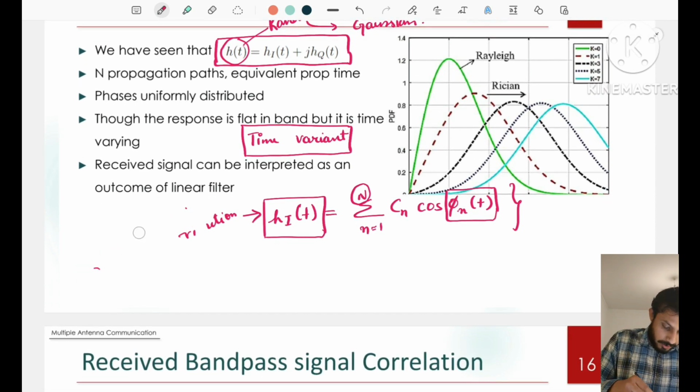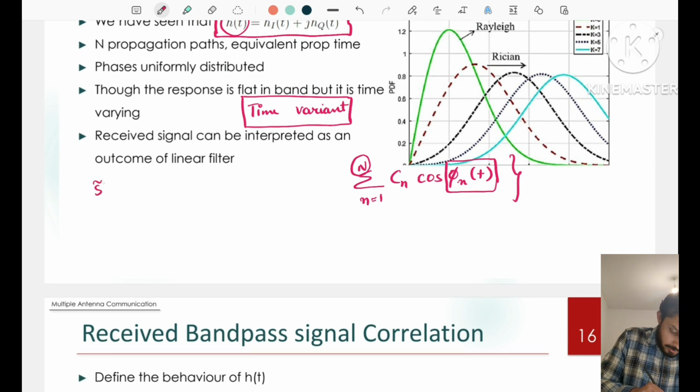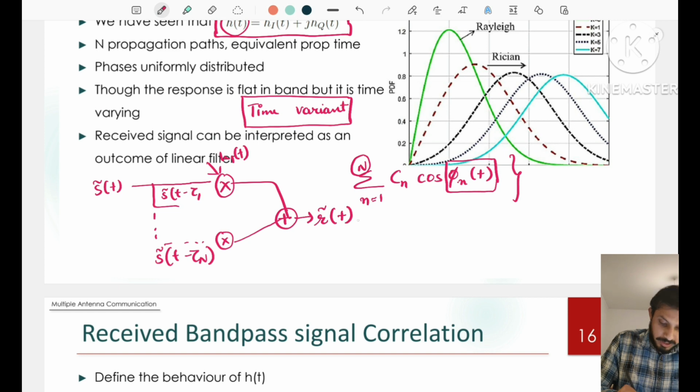Then we have also seen that when s tilde of t is transmitted, first it gets some delay, s tilde of t minus tau 1, then it is multiplied by the coefficient h1 of t, and similarly we have other paths with some delay t minus tau n, and at the end all paths are added and we get r tilde of t.